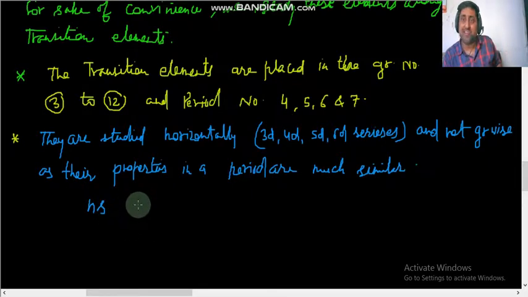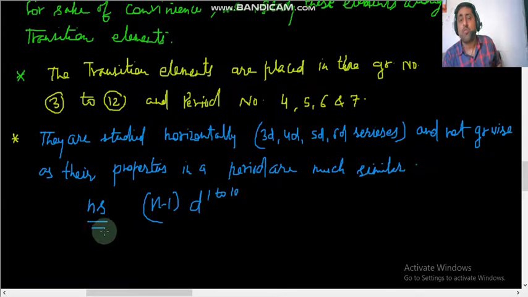They only vary the electrons in the n-1 d subshell, that is the penultimate d subshell. So their outermost shell is already tightly packed. Only the electrons in the second last, the penultimate d subshell, vary. That's why they have horizontal similarity in their properties.